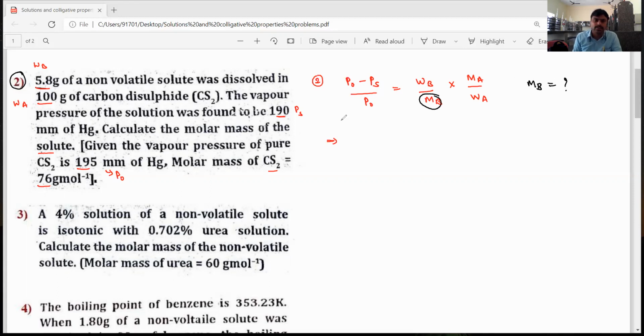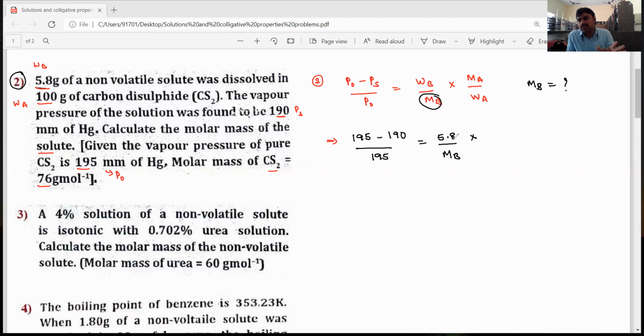All the values are given. P naught is 195 and Ps is 190. The weight of solute is 5.8 grams, and we need to find the gram molecular weight of the non-volatile, non-ionized solute.